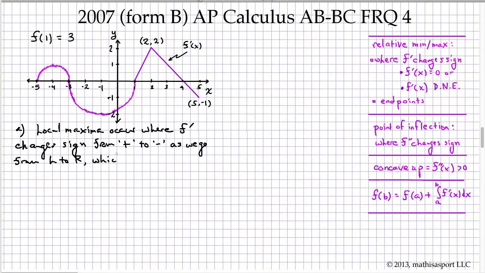And where does that occur? Again, we're talking about f prime. We're talking about the height. Where does the height go from plus to minus? Well, the height goes from plus to minus here at -3. The height goes from plus to minus here at 4. That's it.